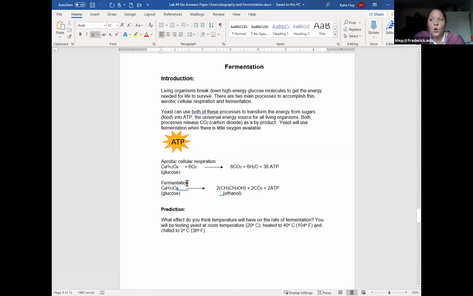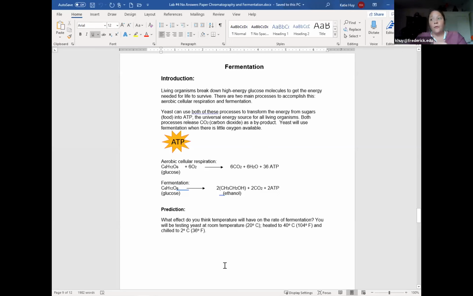Fermentation, there is no oxygen here, so it's an anaerobic process. The AN means without. So what's going to happen to the sugar on this other side? We're going to have alcohol. Yeah, so this is our ethanol over here. So we're not getting that water on the other side. We're getting alcohol on the other side.